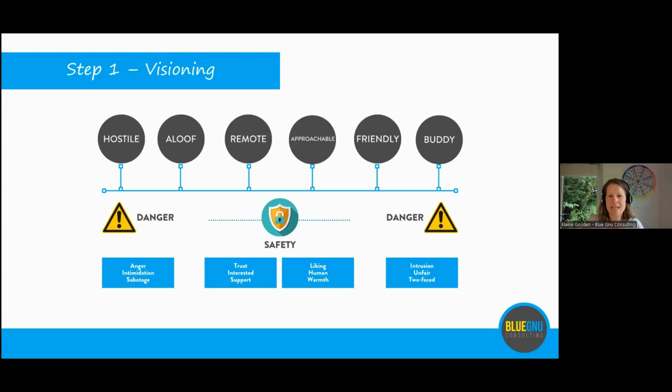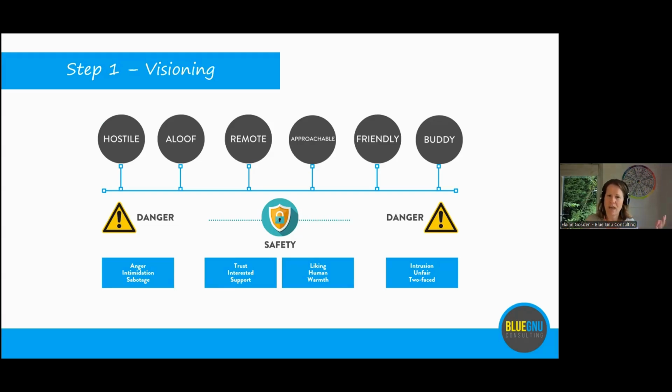But leaders need to pay attention to whether they're falling too much one way or too much the other way. How do I stay in a safe zone? How do I stay remote enough that people can trust me and they know I've got their backs and I'll be there for them, but approachable enough that I'm liked and I'm warm and I'm seen as someone that people can come to with the things that are troubling them? It's a really delicate balance.